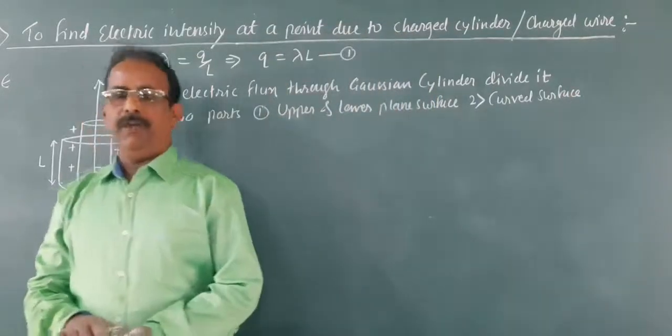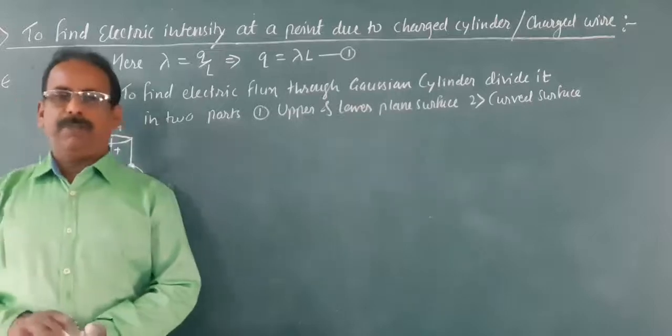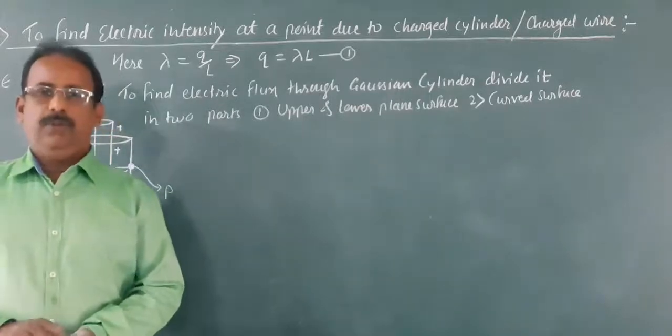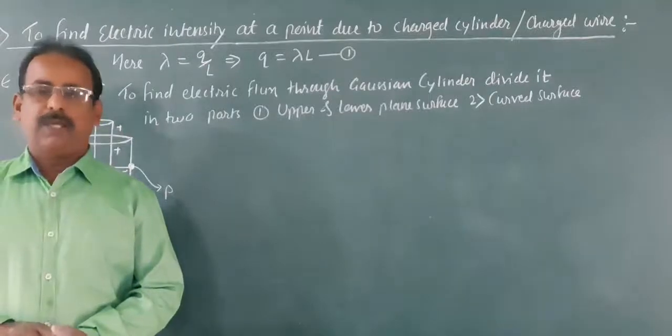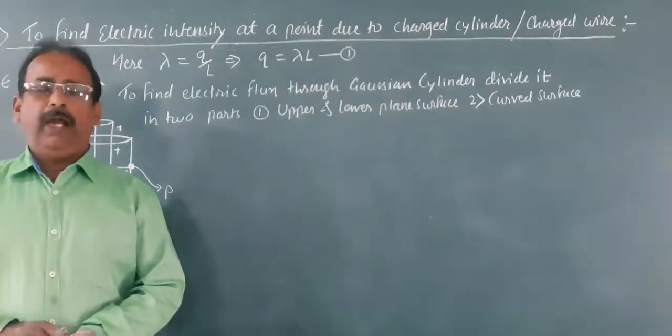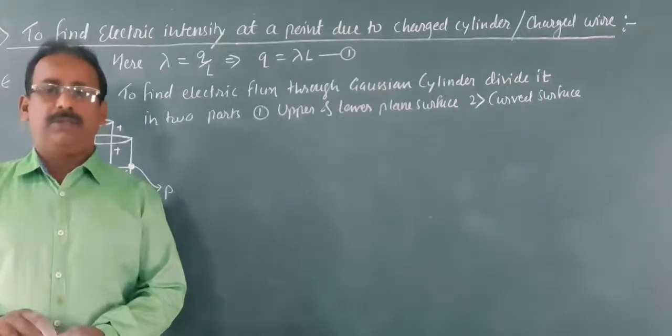The addition of these two gives the electric flux through this Gaussian cylinder.